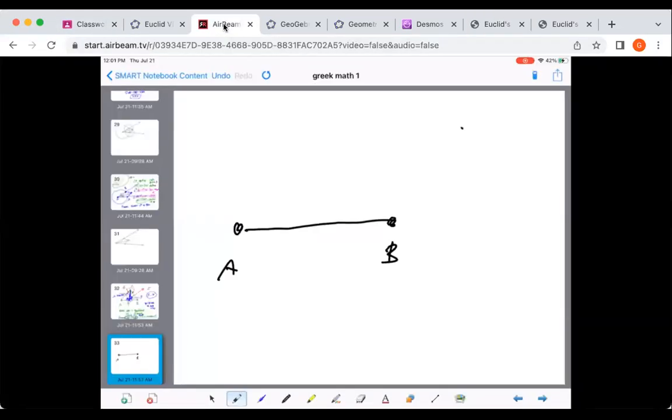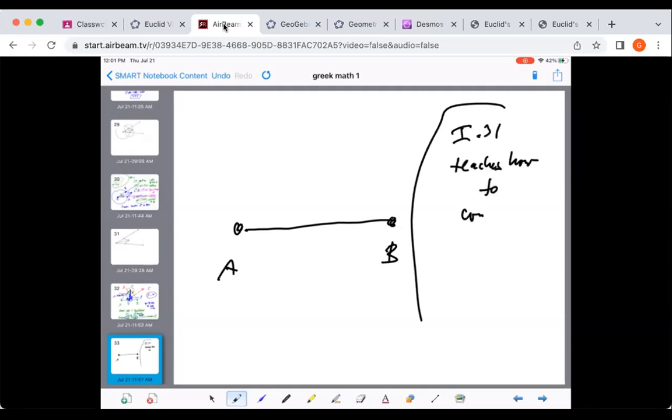Book 1, proposition 31 teaches how to construct a line parallel to a given line through a given point.